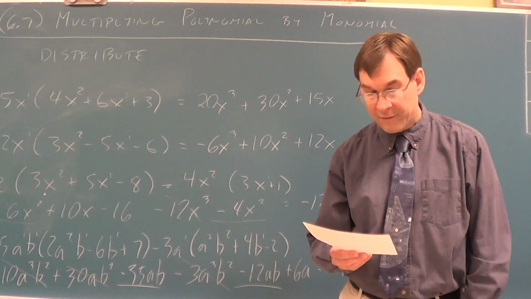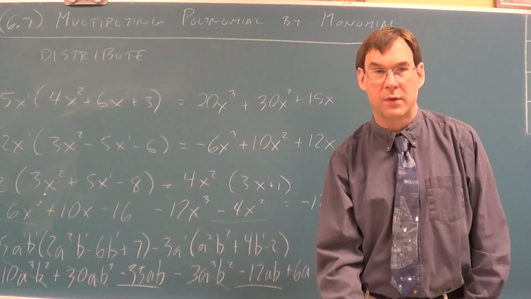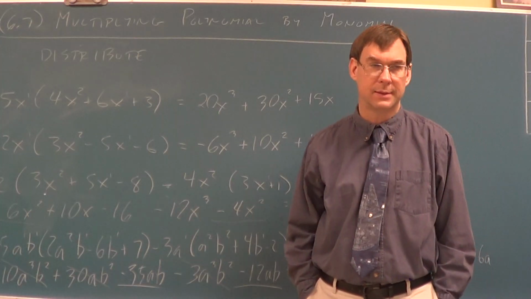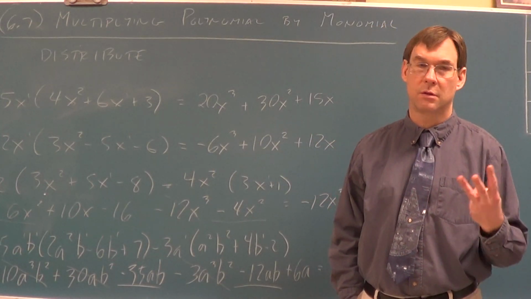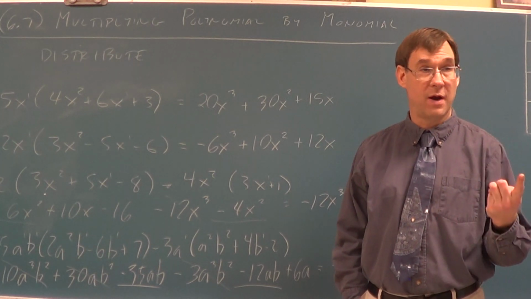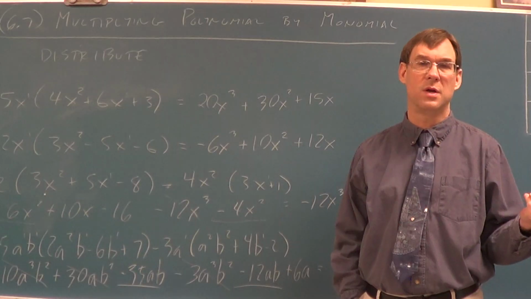One definition we had from a couple lessons ago: what is a monomial? Can anybody remember from a few days back what a monomial is? There are three options. It could be a variable, it could be a real number, or it could be what's the answer called when you multiply?